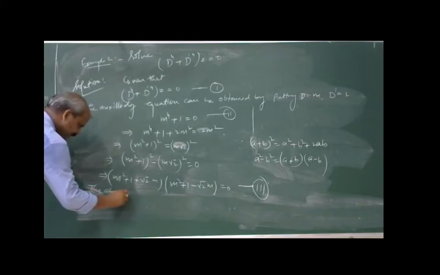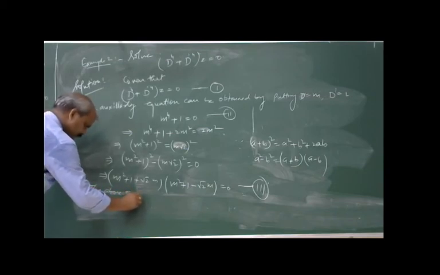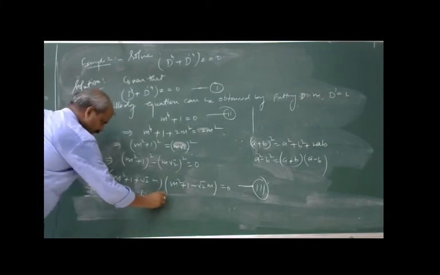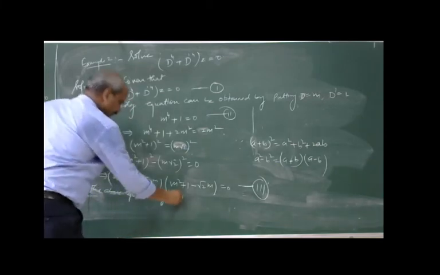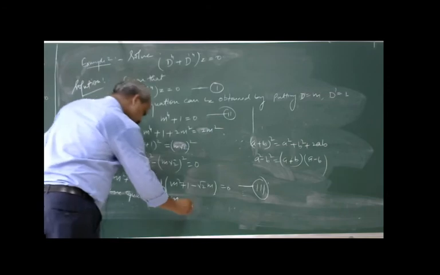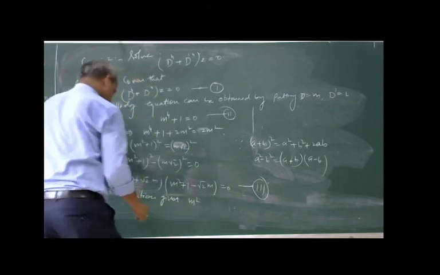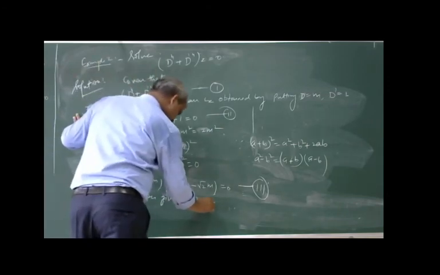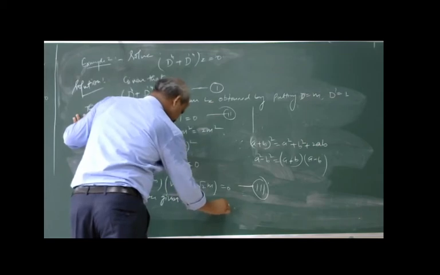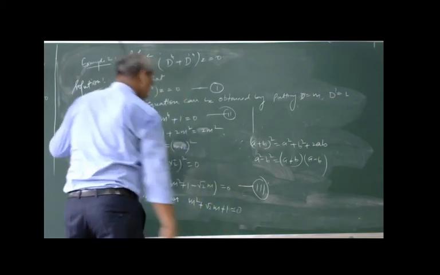Now the above equation gives m² + √2 m + 1 = 0.